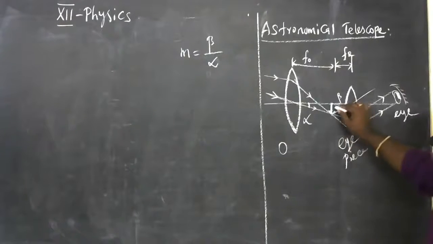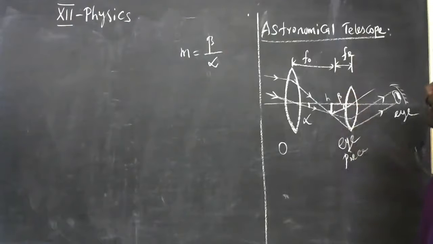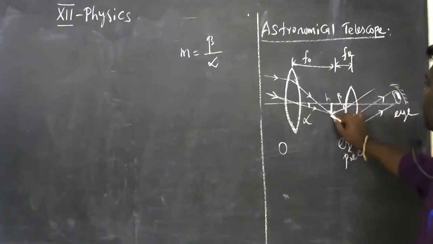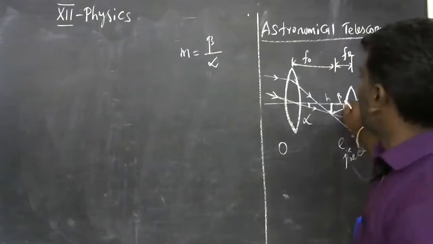Using this triangle, we can easily calculate the value of beta. This length is Fe, and this height is the height of the image. Here we have not mentioned the object height, so this one is the height of the image. If you take this value as the height of the image, using this triangle we can write the formula for beta.